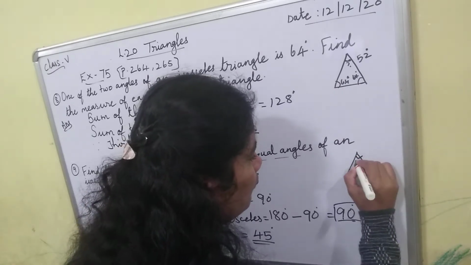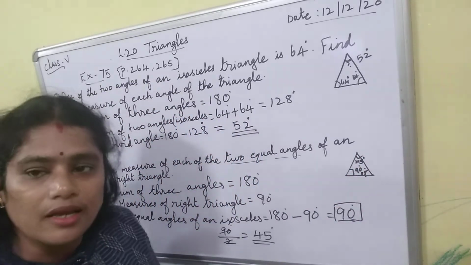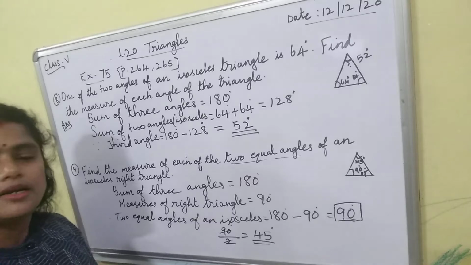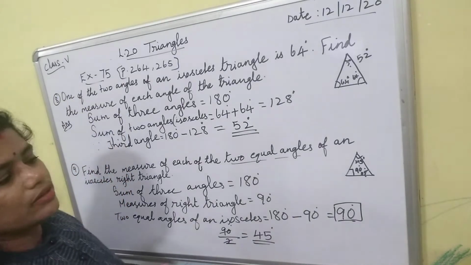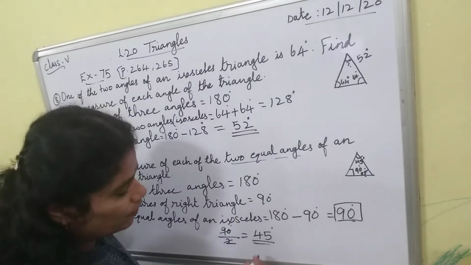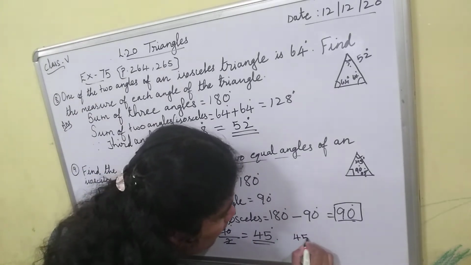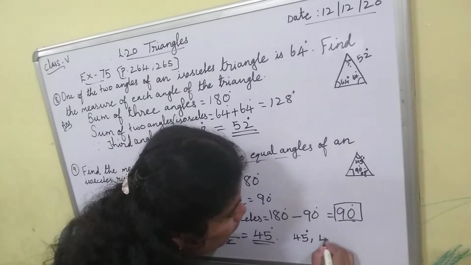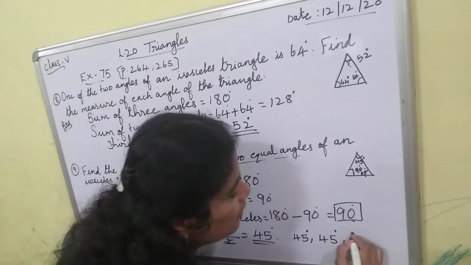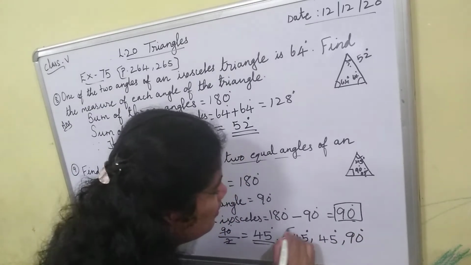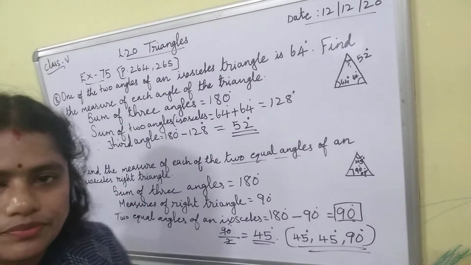Here also it will be 45 degrees. Okay, 45 plus 45 plus 90 is 180. So the three angles are 45 degrees, 45 degrees, and here the right angle, 90 degrees. These are the three angles. Is it clear?